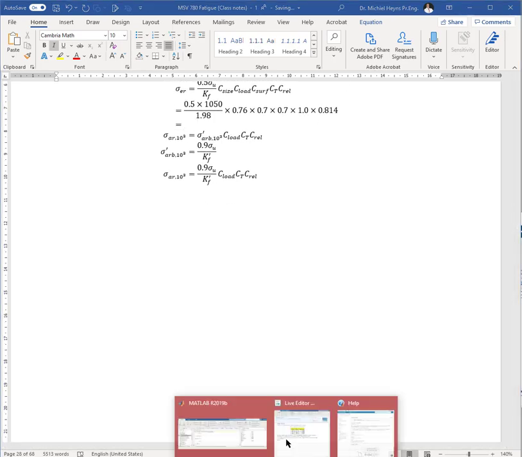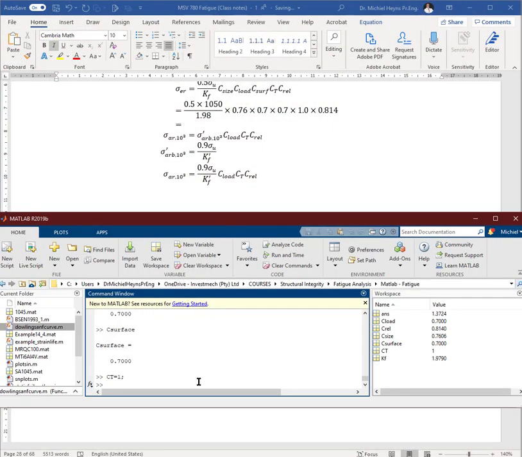So we can see here that the point on our SN curve at 1 million cycles is equal to 0.5. I'm going to call it sigma ER.